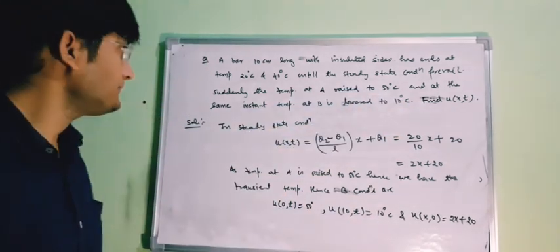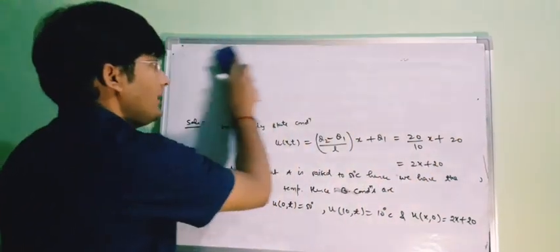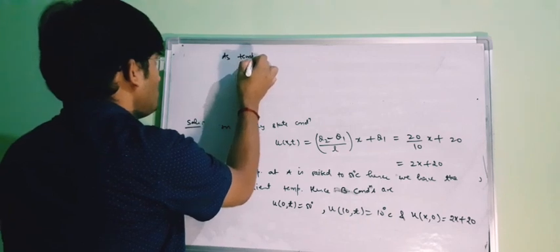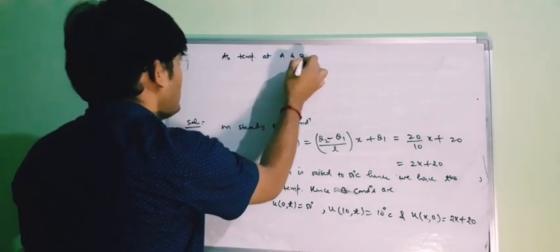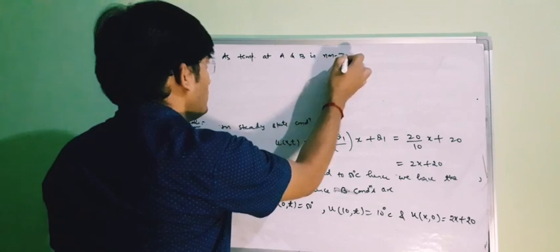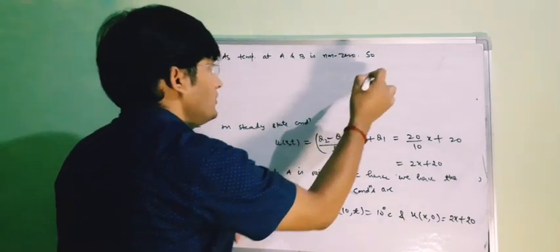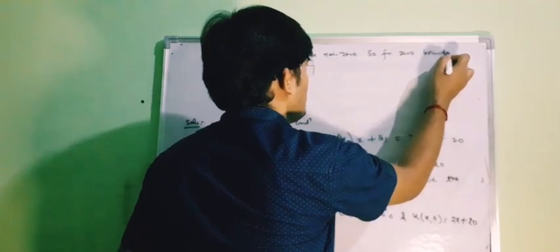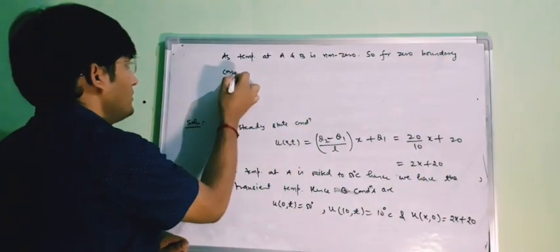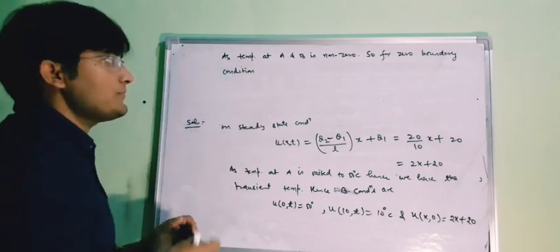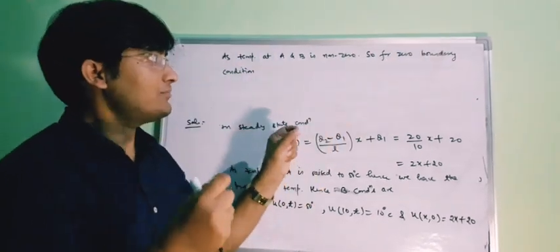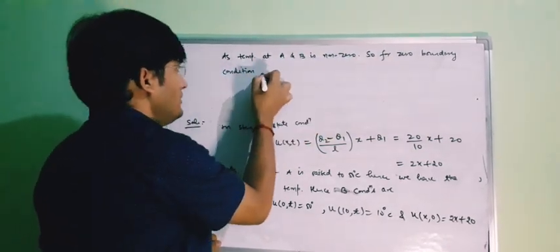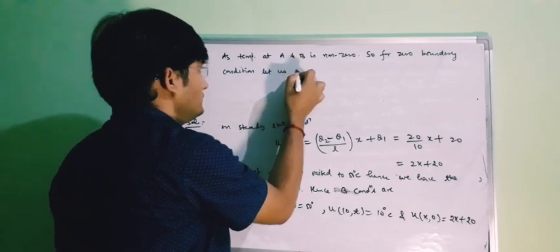So as temperature at A and B is non-zero, for zero boundary condition, that means to make your temperature at A and B 0, we split our solution.